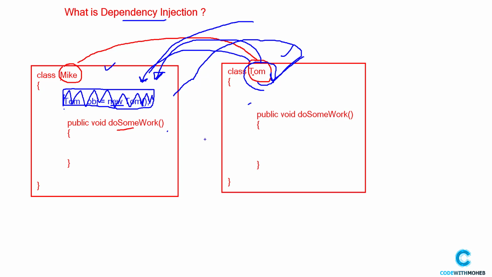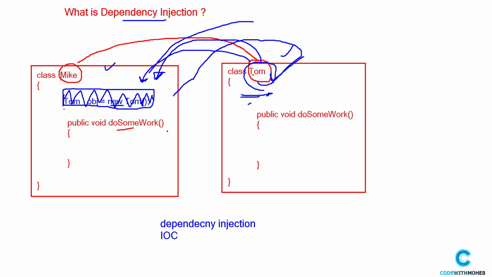So we understood dependency injection, and now what is IOC? IOC means that we give the control of creating objects to Spring. We are not creating the object of this class.